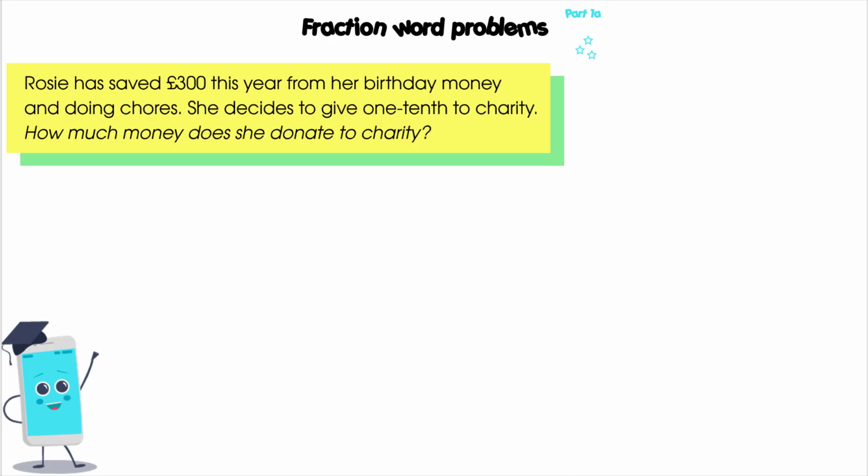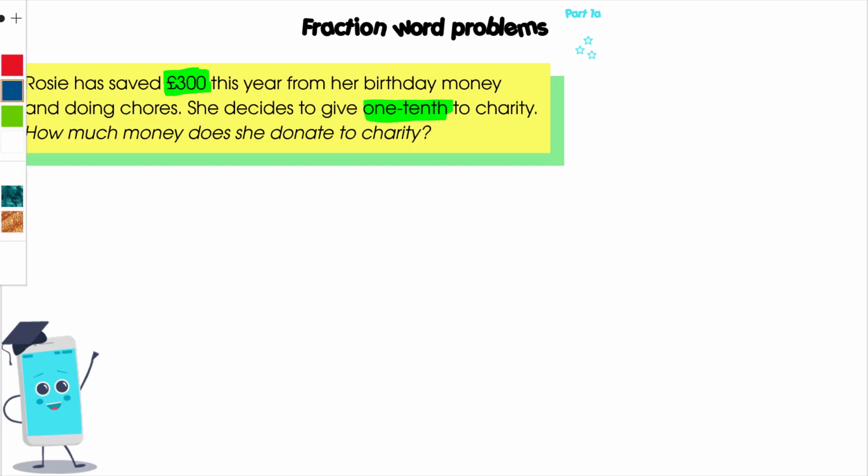Rosie has saved £300 this year from her birthday money. I'm going to highlight that. And from doing chores. She decides to give 1/10 to charity. How much money does she donate to charity?